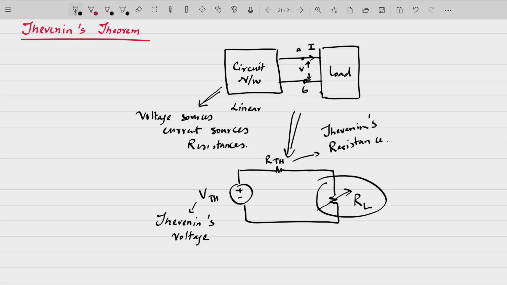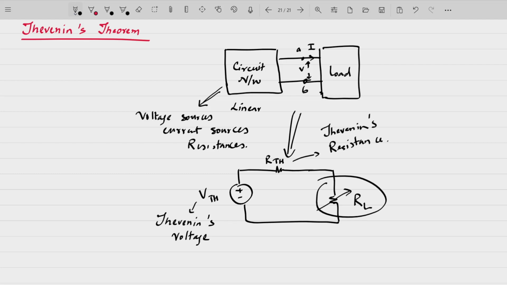So Thevenin's theorem states that a linear circuit can be converted and replaced by an equivalent circuit which has a voltage source in series with a fixed resistance. This voltage source is known as the Thevenin's voltage.